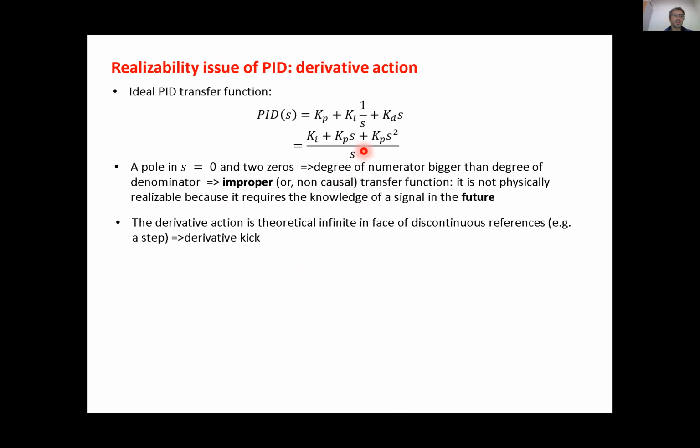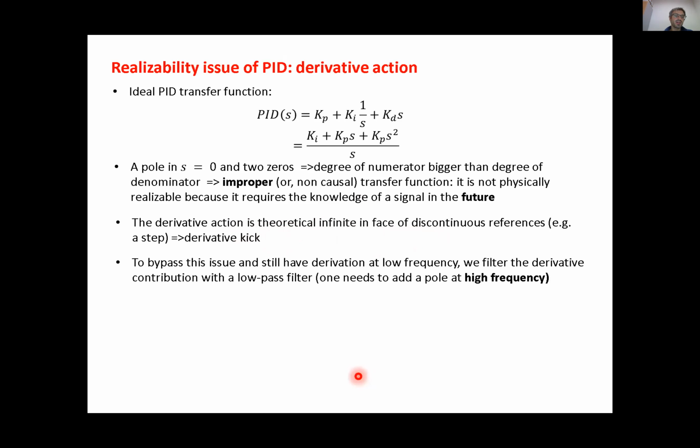If you look at that, without this term you would have the same degree of numerator and denominator, as with just the PI controller. So the problem is related to the derivative action, which has other issues. For example, if you have a discontinuous reference change, the derivative can spike to infinity, and this is called derivative kick.